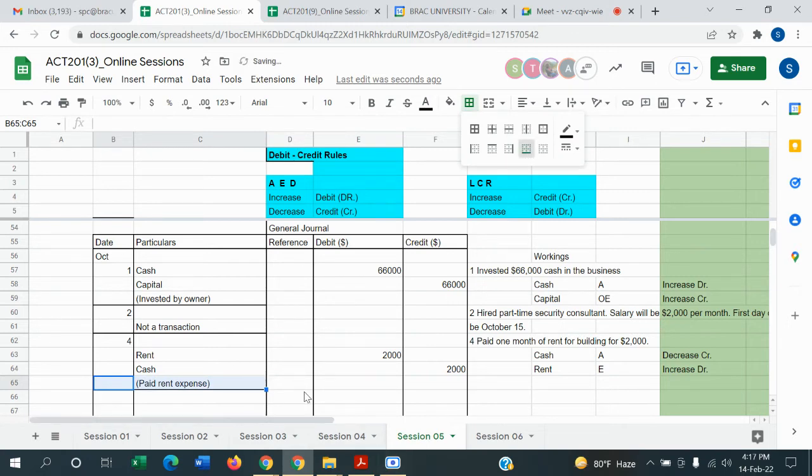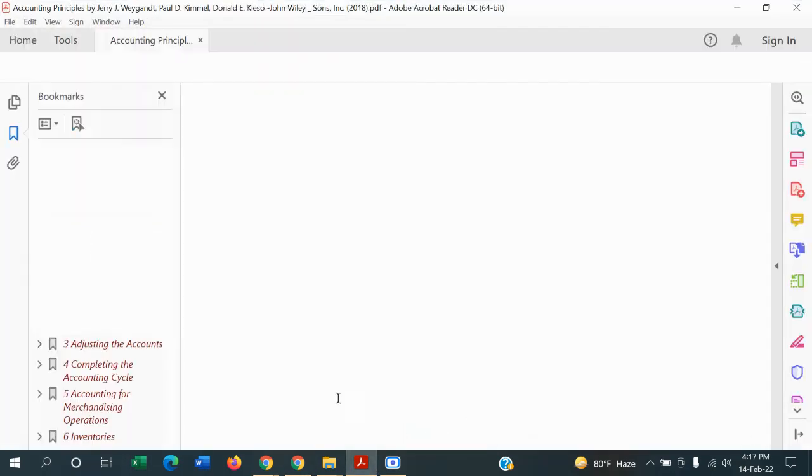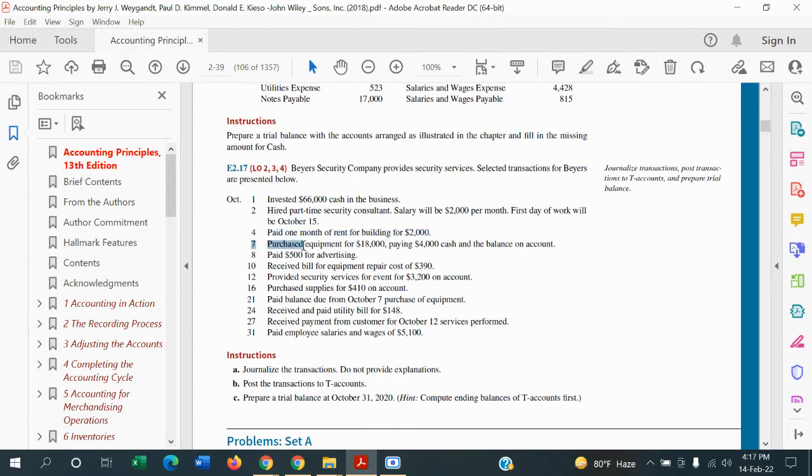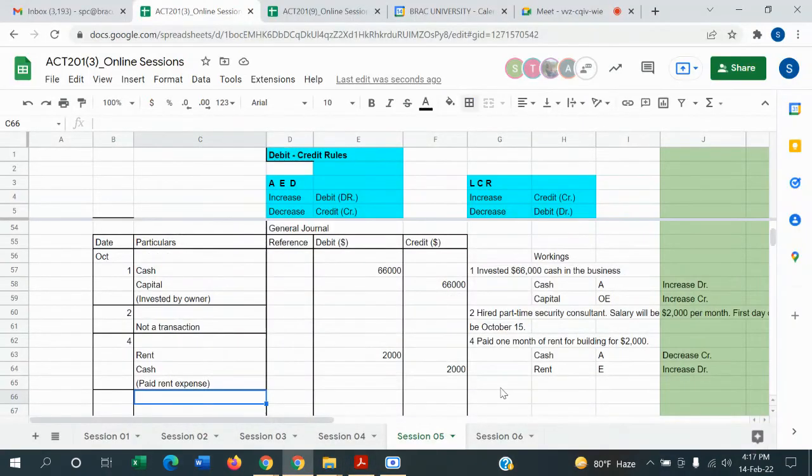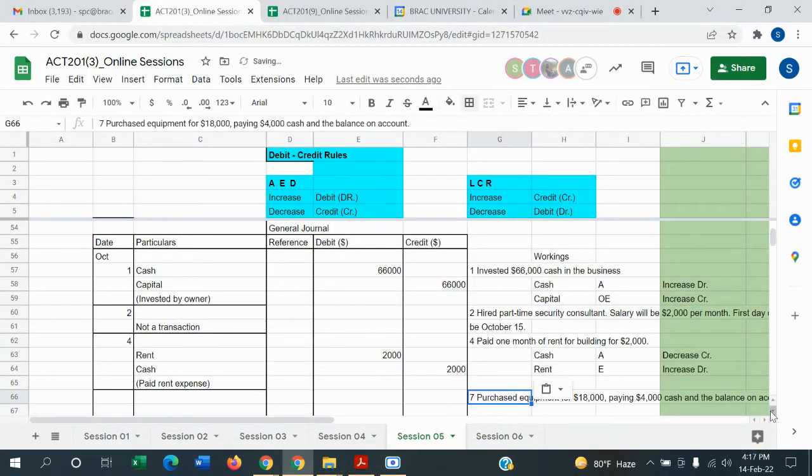If I write only "paid rent," that will be okay. But an explanation should be there. In journals, an explanation must be there. Can you think yourself for the next one?